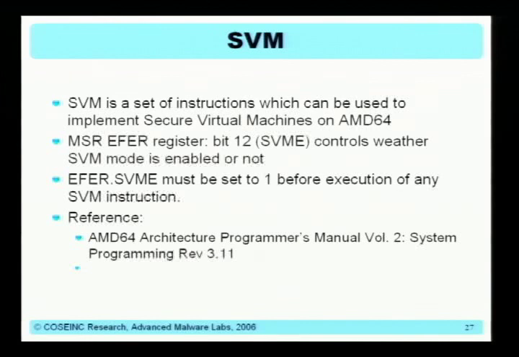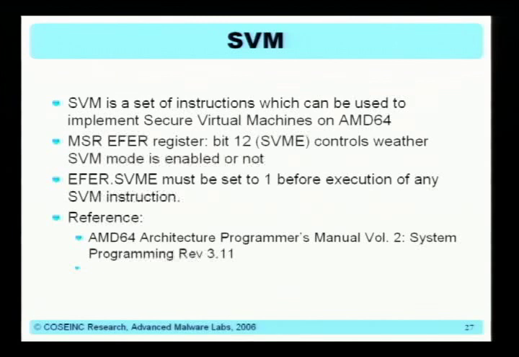So SVM is a set of instructions which can be used to implement virtual machines on AMD64. There's an MSR register called EFER, which is used for many different things, but it has bit number 12, and this bit, when set to 1, enables SVM mode.